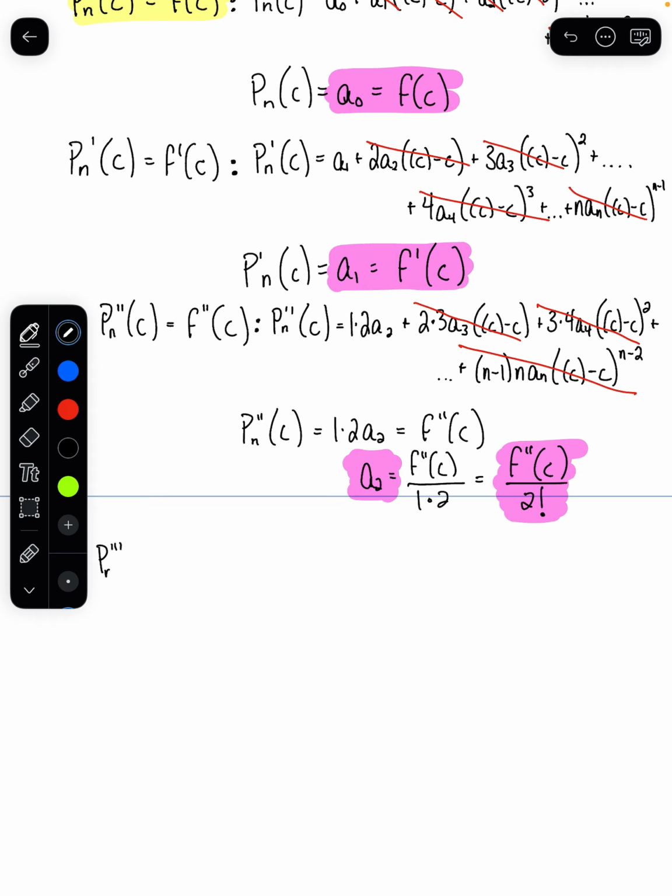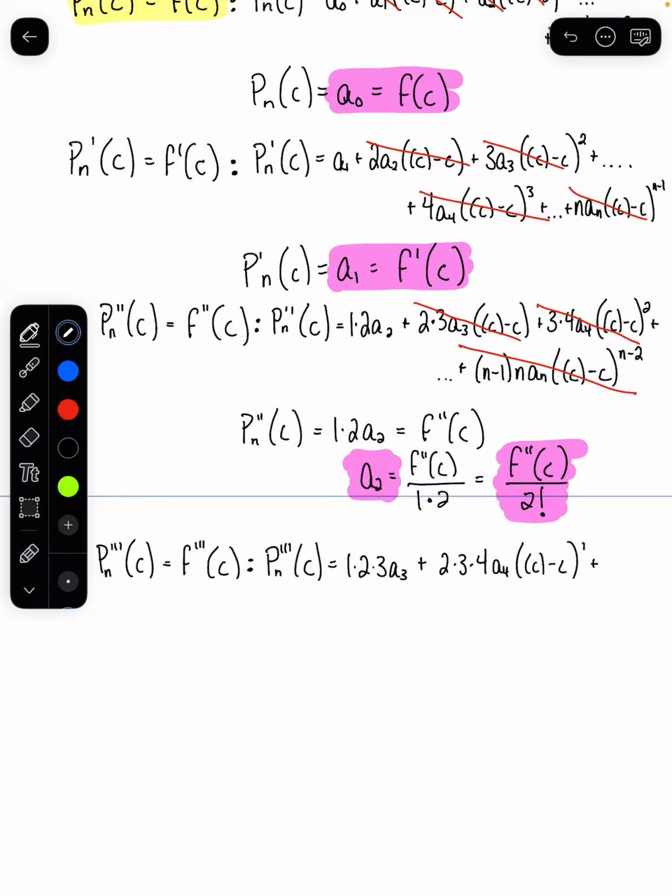Let's go to the third derivative, p sub n triple prime, which has got to be equal to f triple prime. We would now have 1 times 2 times 3 a sub 3, and then 2 times 3 times 4 times a sub 4 times c minus c to the first.